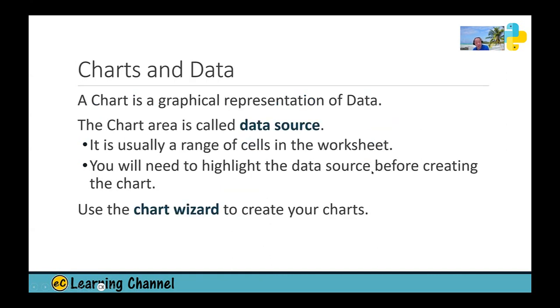A chart is a graphical representation of data, and the data used is called the data source. We will use a chart wizard to create our chart. The chart wizard is a tool in Excel that helps you create charts efficiently. This portion, in a real AP Computer Science Principles exam, they will test you on reading the chart, preparing the chart, and what the chart indicates.